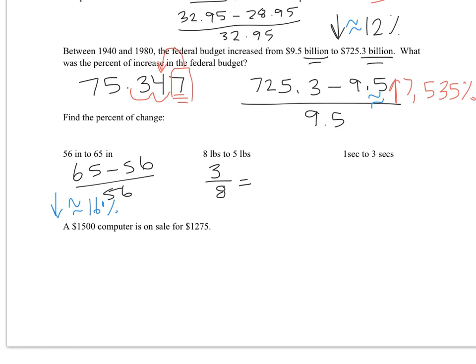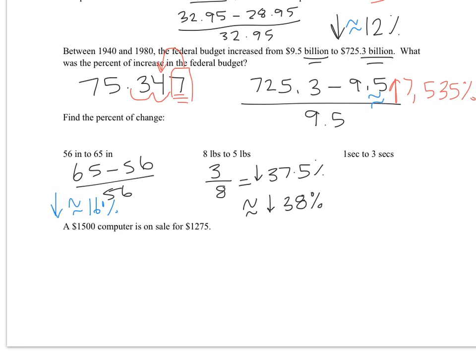So 3 divided by 8 is 37.5. So I can do exactly 37.5%. It's going down, or I can do approximately 37 or 38% if I round to the nearest percent.